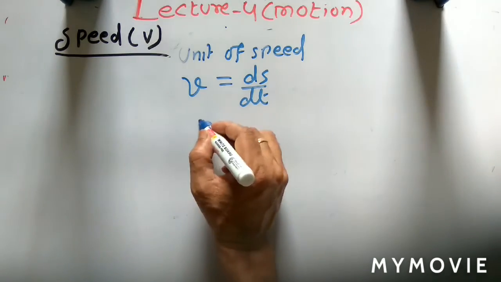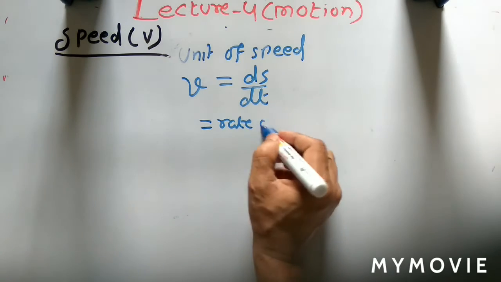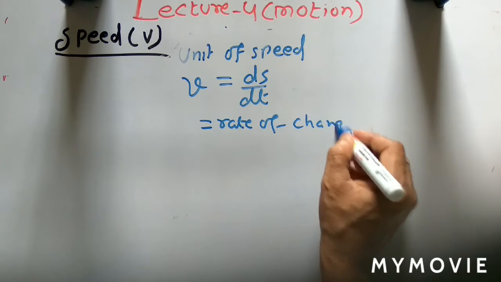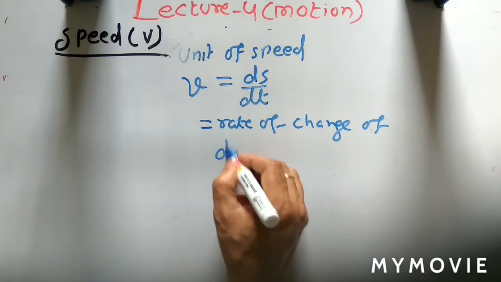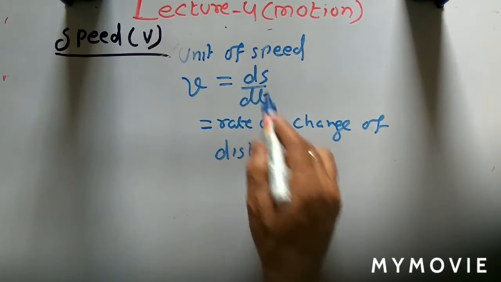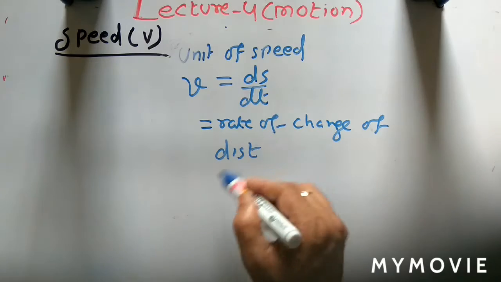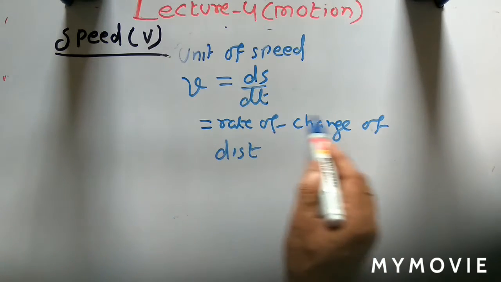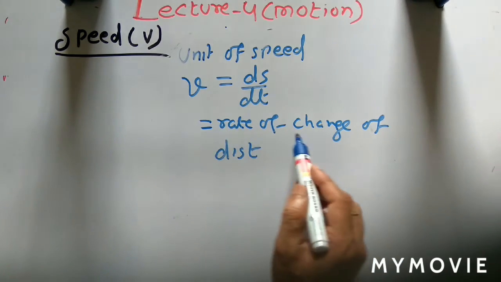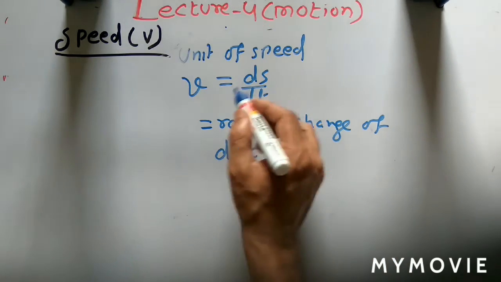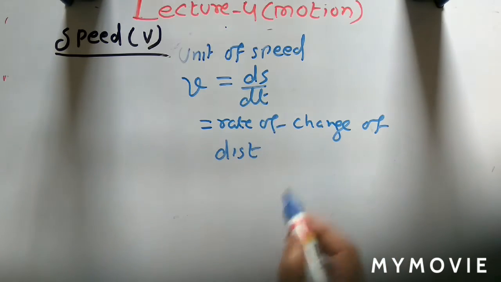So ds by dt is called the rate of change of distance. Rate of change of distance always refers to time. At what time rate the distance is changing, that is called instantaneous speed. Rate of change of distance, that is ds by dt.